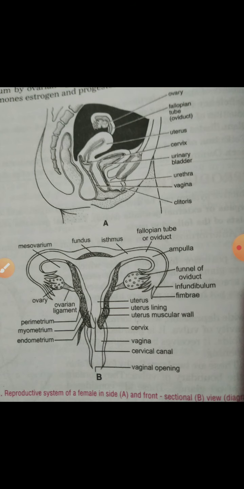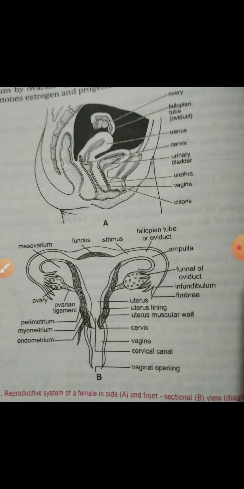They are held in position with the help of ligaments. They are attached to the dorsal body wall behind the kidney by a fold of peritoneum called mesovarium.